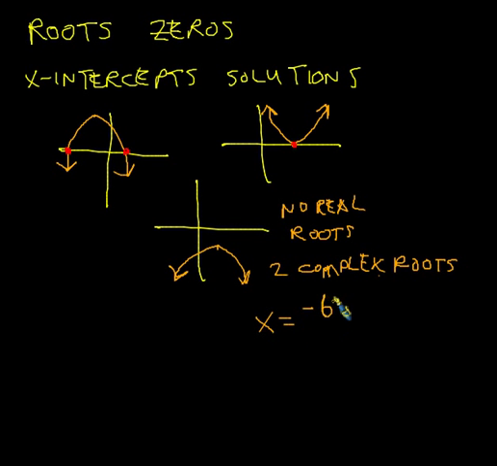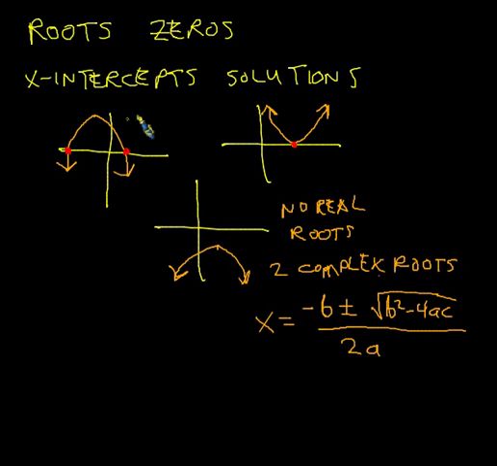You might recall from the quadratic formula that it's x equals negative b plus or minus square root of b squared minus 4ac all over 2a. Well, if the discriminant under the radical gets us a negative number, then we're going to have a plus and a minus complex root. And that's what happens with a parabola like this.